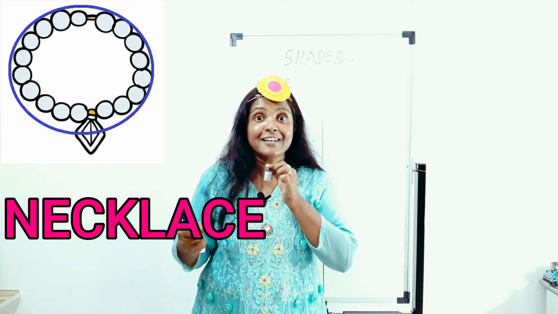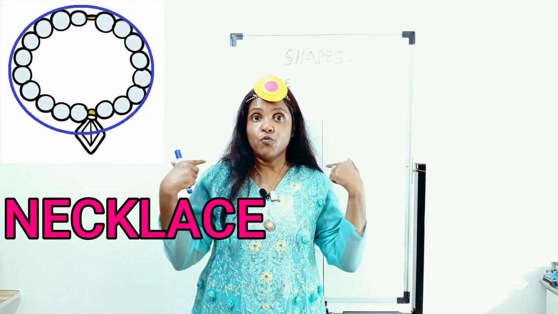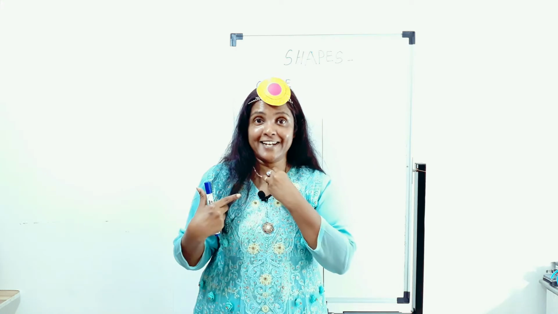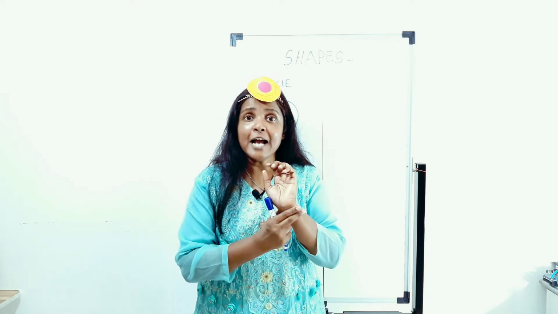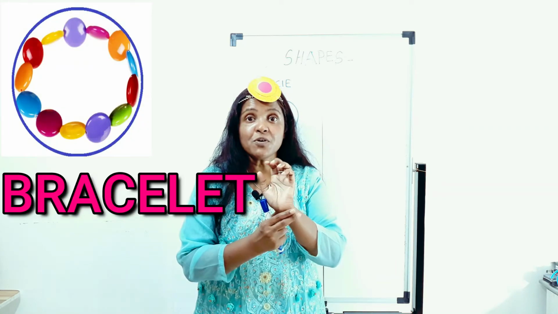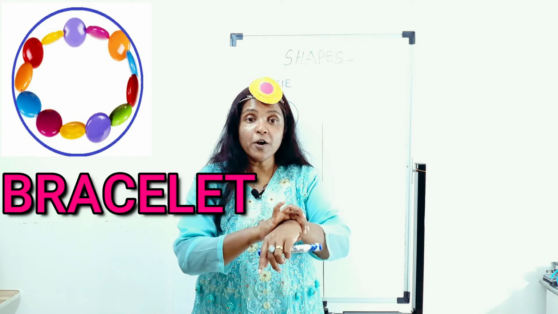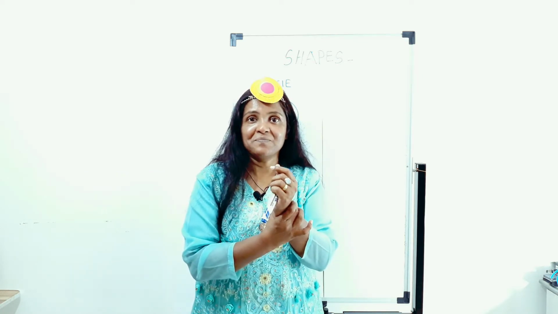This is my necklace. It is also a round shape. We wear it around the neck. And another ornament that we call bracelet. That is also worn around the wrist.